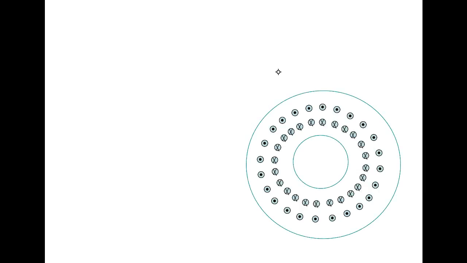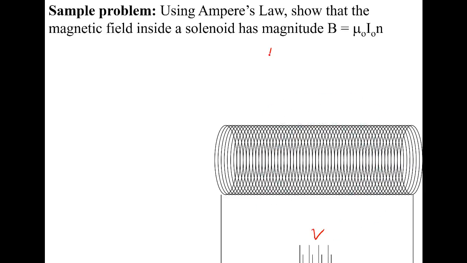Now N, let's go back. N is basically the number of loops per unit length. So if the solenoid has a length of L, then little n is basically loops per meter.